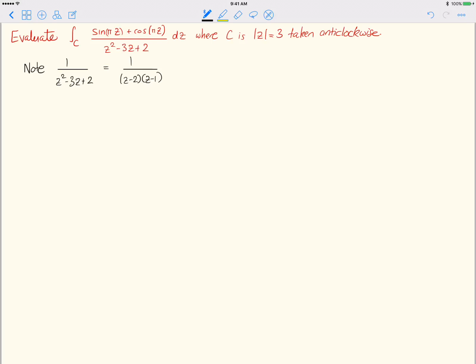And now what I want to do is split this using partial fractions. So remember, how do you do this? You write it as some letter, let's say capital A, on z minus 2, plus let's say capital B on z minus 1.